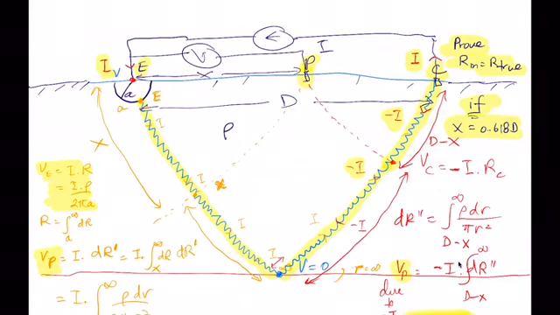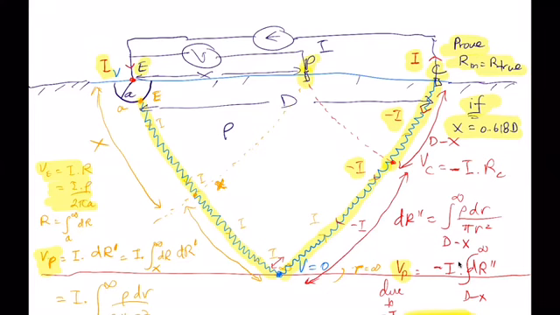Only that resistance is equal to the true resistance only and only if you put your probe P at X and probe C at D from E, and X is equal to 0.618 D. So that's the proof of the fall-off potential method.